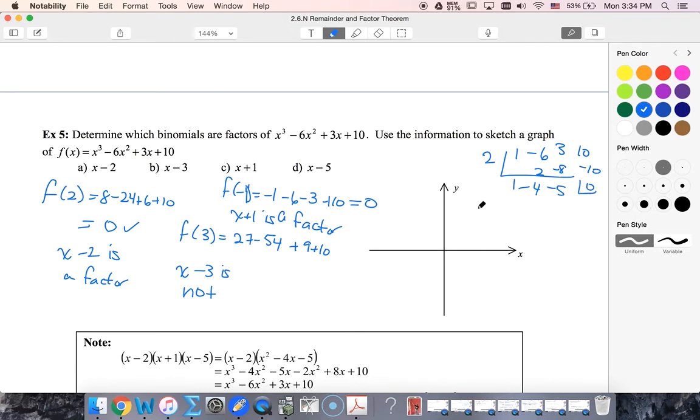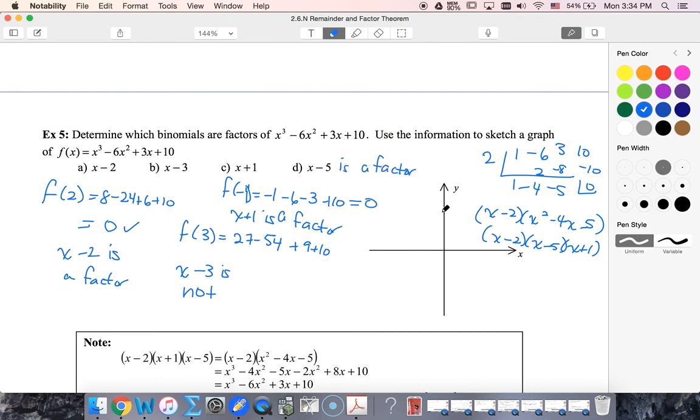Now that tells me that x minus 2 times x squared minus 4x minus 5, which is going to be x minus 2 times x minus 5 times x plus 1. So in this way, I know that x minus 5 is a factor also.